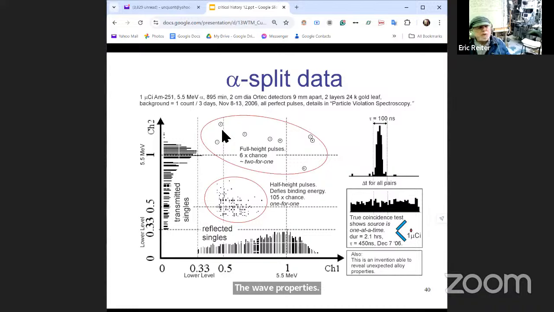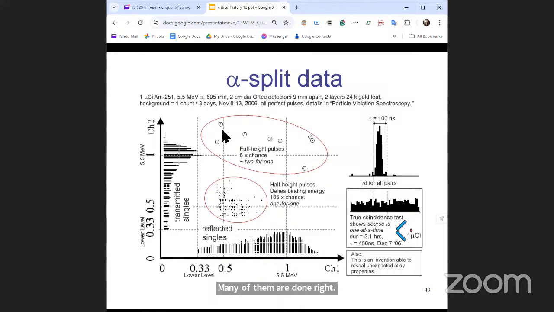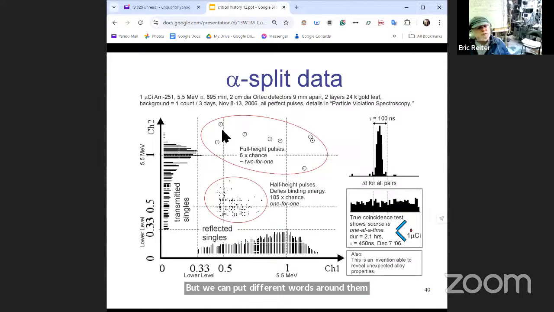So, of course, many of these other experiments are done right, but we can put different words around them to explain it. Very similar to my example of what happened with the Compton effect. The Compton effect is explained with a particle model, but there's a wave model to come up with the same equation.